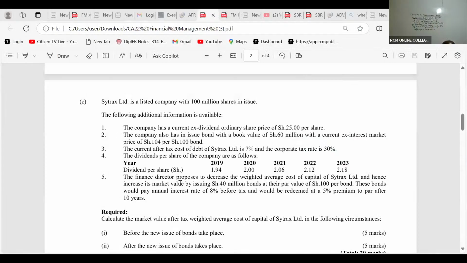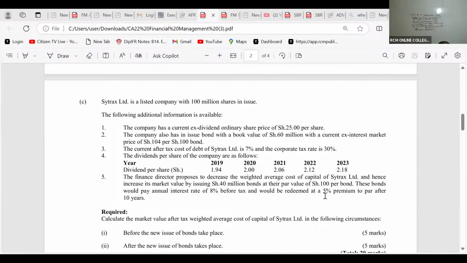Check this. Let me read this. The finance director proposes to decrease the gearing of Conly Limited and hence increase its market value by issuing shillings 40 million bonds at their par value of shillings 100 per bond. These bonds would pay an annual interest rate of 8% before tax, and would be redeemed at a 5% premium, meaning over and above 100%.